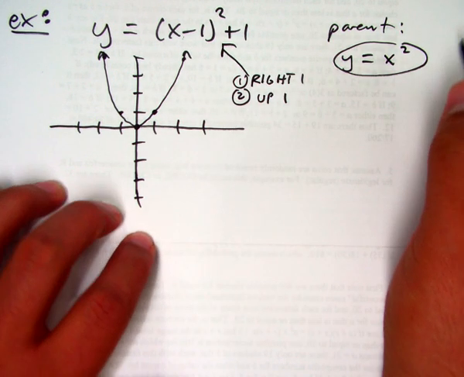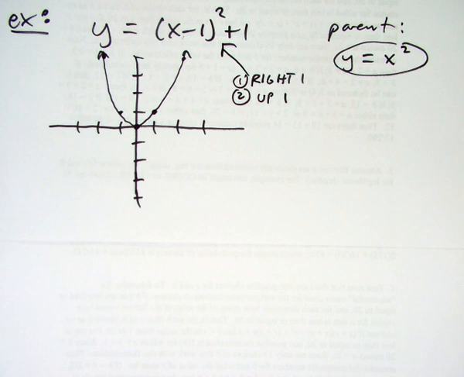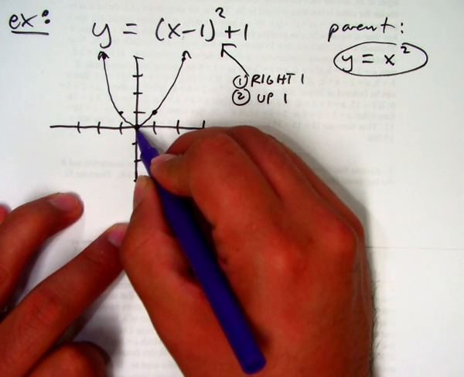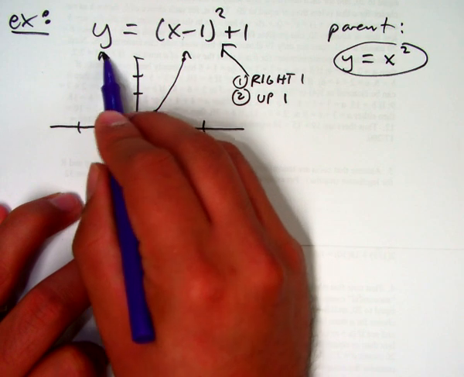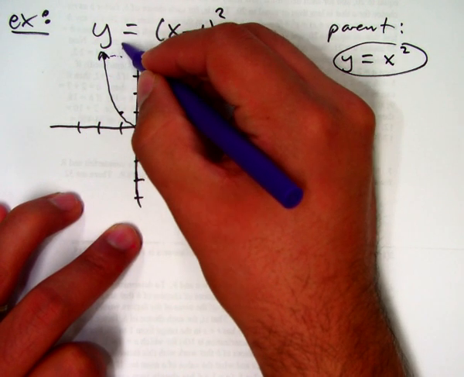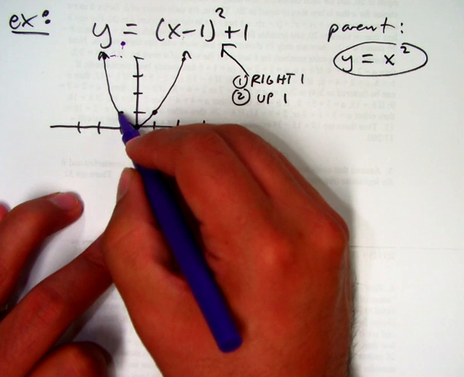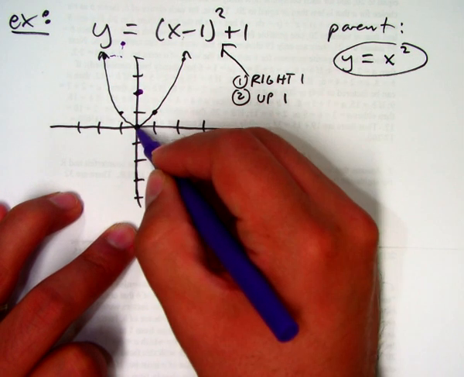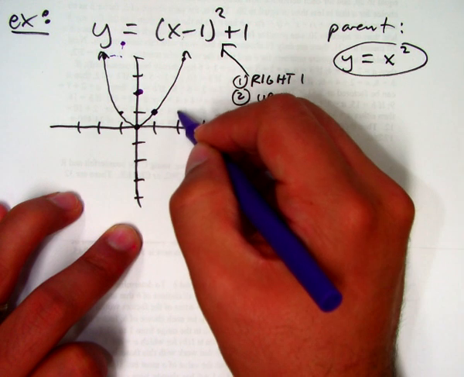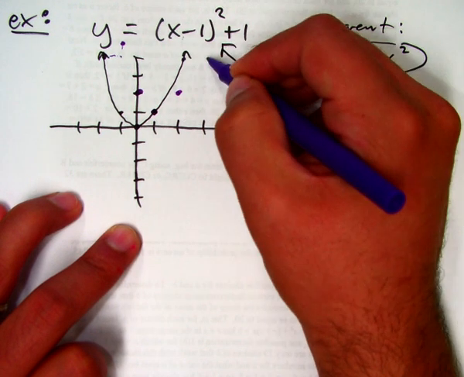So if you follow these steps, you can take every point on the graph and simply go, so I'll start up here. Go right 1, up 1. Take this point, go right 1, up 1. Take this point, go right 1, up 1.